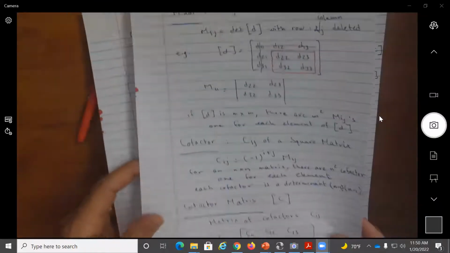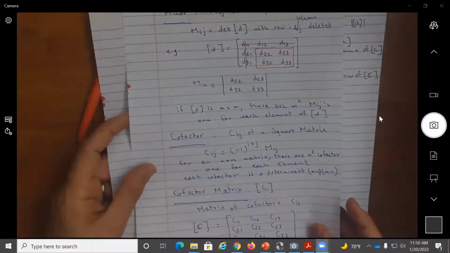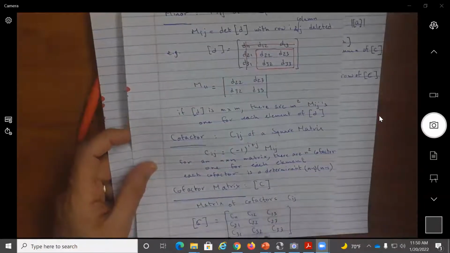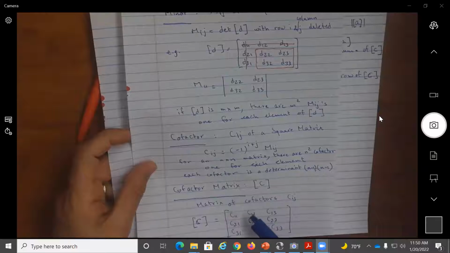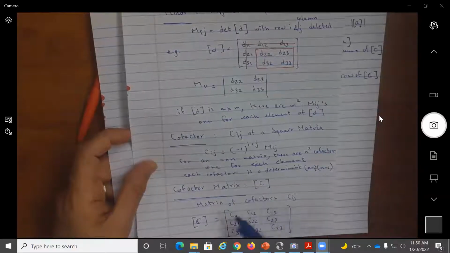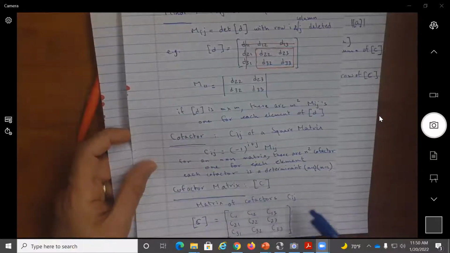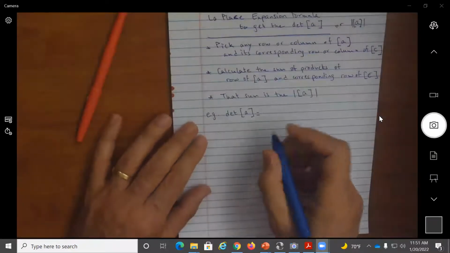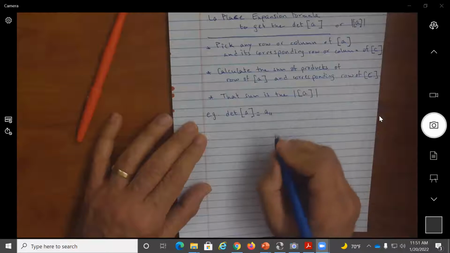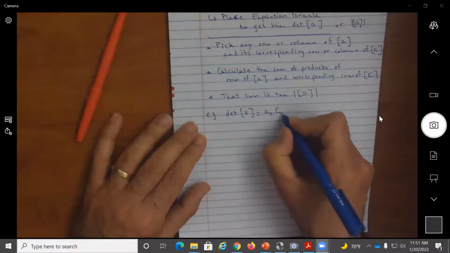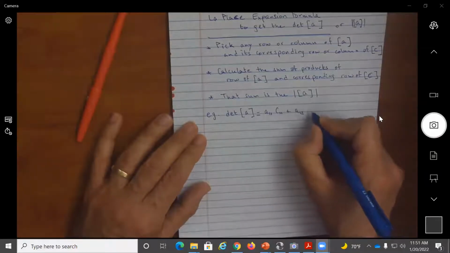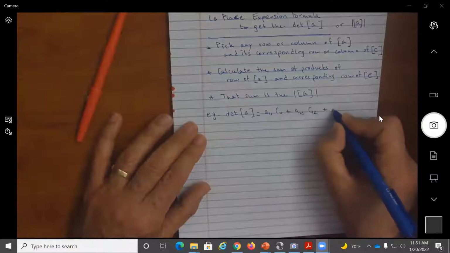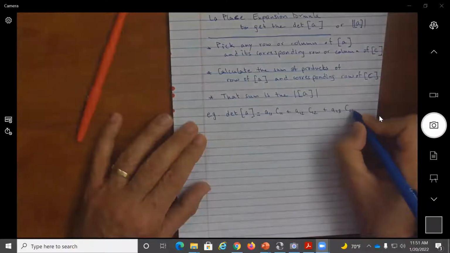let's do it symbolic first. If I have a matrix and this is like the cofactor matrix, I'm going to use, for example, the first row in the cofactor matrix and in the matrix A. So that would be A11 multiplied by C11 plus A12 times C12 plus A13 times C13.